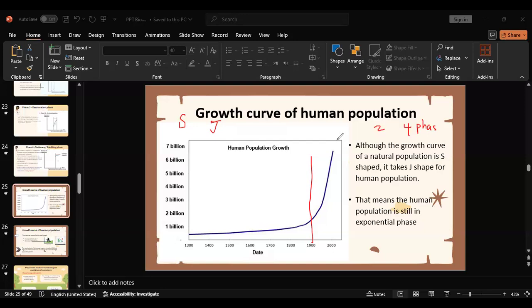Because nowadays technological advancement is there, and it helps the growth of population to a very large extent. Nowadays there are new medical inventions, and because of new medical treatment the diseases and other health problems are reduced.